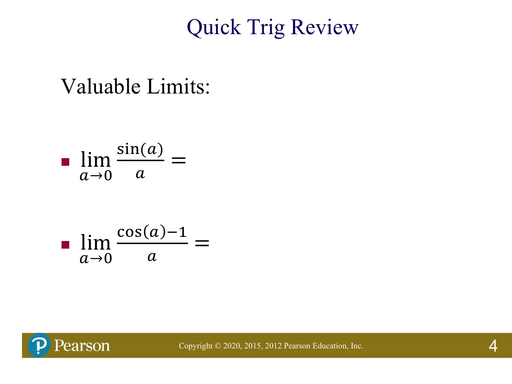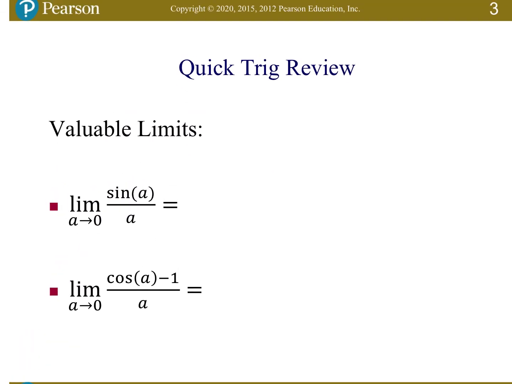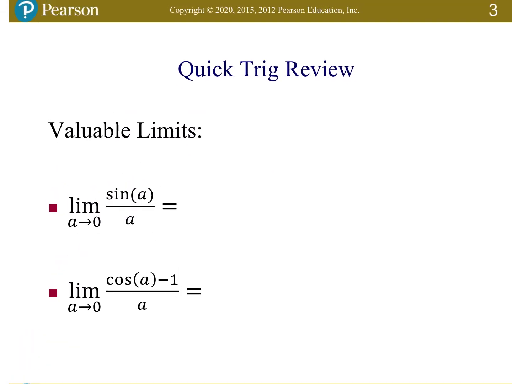This is what you need from calculus. We learned that sine has a special limit. We learned this shape and that it always has the same answer no matter what. If A approaches 0, then what does the limit approach? 1.